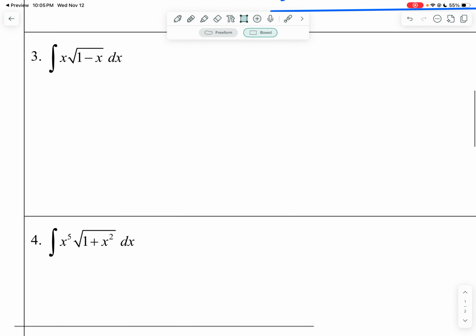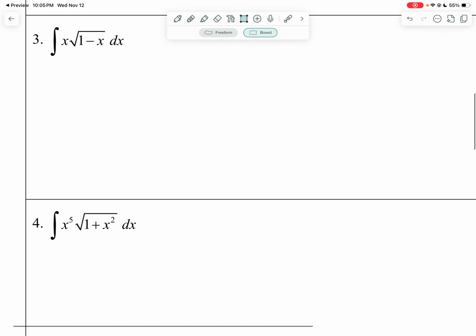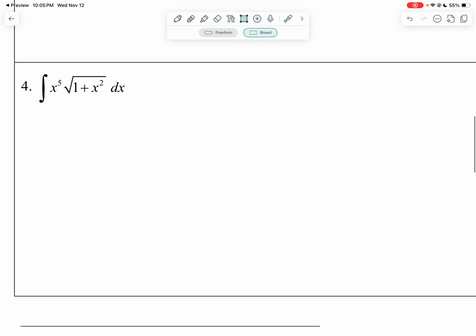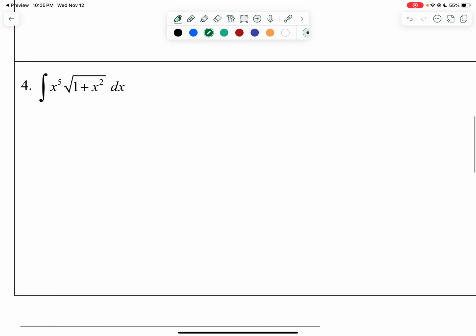All right, so number 3 and number 4 are very similar, so I'm just going to do 4 because that's the harder one in terms of the problem. For number 4, once again, you're trying to look at what should your u be, and like I said, 99% of the time, it's always going to be the denominator, or whatever the argument is.